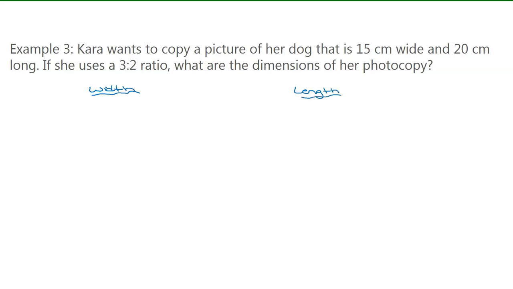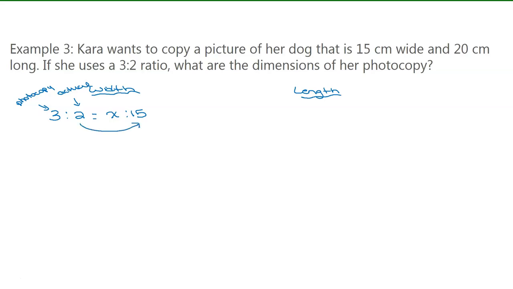So we'll start by writing out her scale, which is 3 to 2. So 2 represents the actual distance on the picture, where 3 represents the length on the photocopy. So now we set that equal to x to 15, because 15 is the actual width of the picture, and then x is the width of the photocopy, which is what I'm looking for.